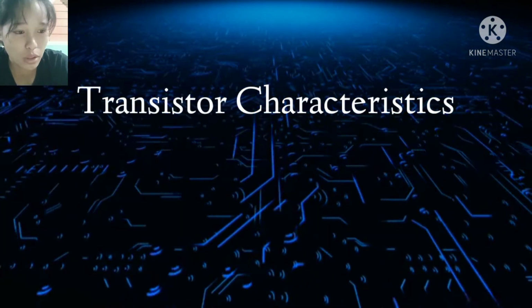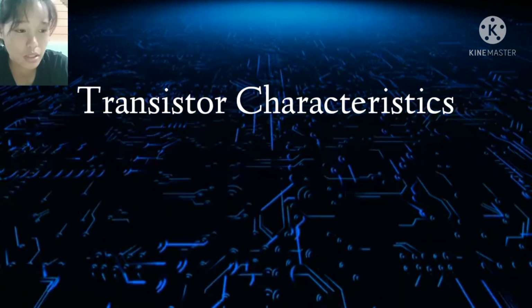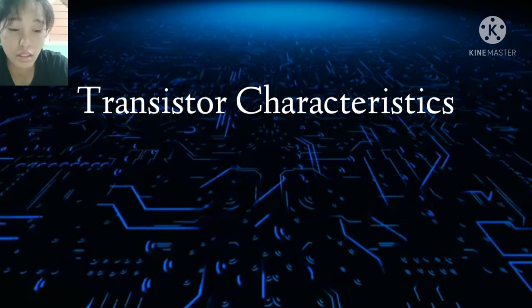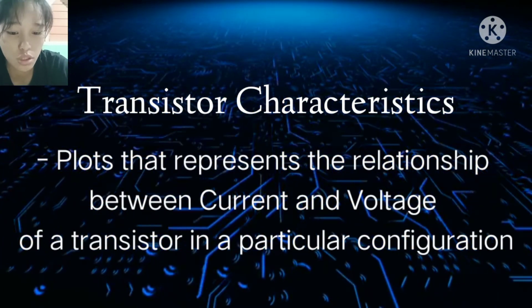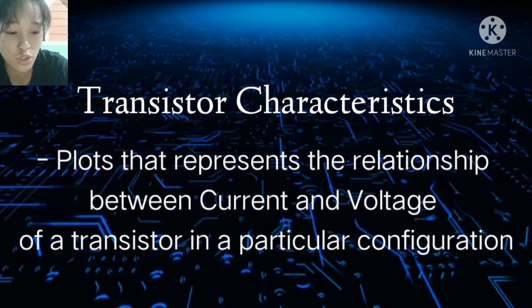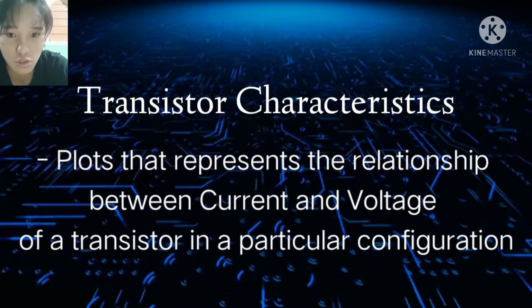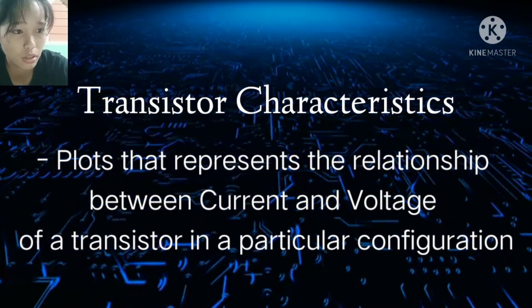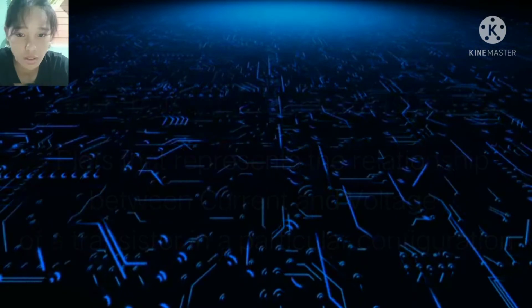Here we're going to talk about the characteristics of a transistor. The characteristics of the transistor are the plots which represent the relationship between the current and the voltage of a transistor in a particular configuration. First we're going to talk about the common base configuration.